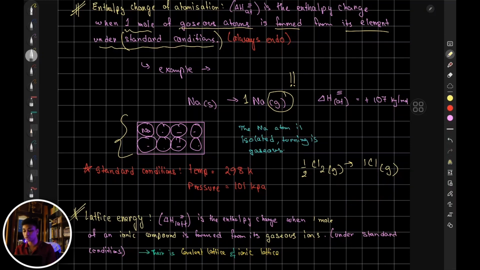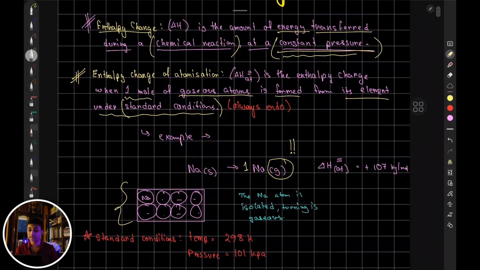Basically, don't get confused by the half moles. It doesn't mean that it is one chlorine atom. It means half a mole of the diatomic chlorine molecule. So what you're basically doing is breaking the molecule up and making chlorine atoms.